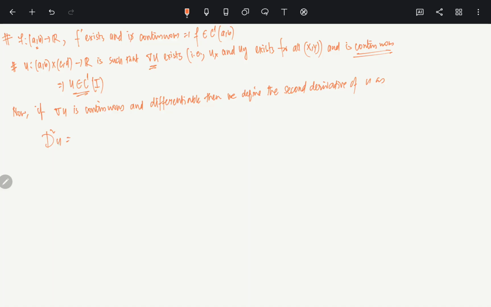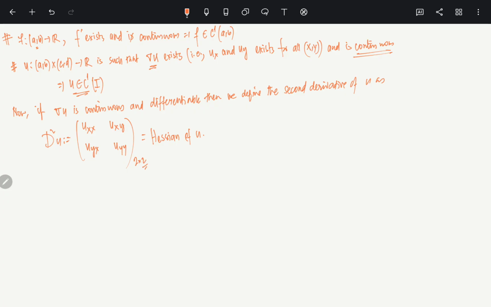Please remember this d2u; in our case we will define it like this: uxx, uxy, uyx and uyy. Clear? We will also call this the Hessian of u. Of course it will be defined at some point, so it will be evaluated at that point. So this will turn out to be a 2 cross 2 matrix.